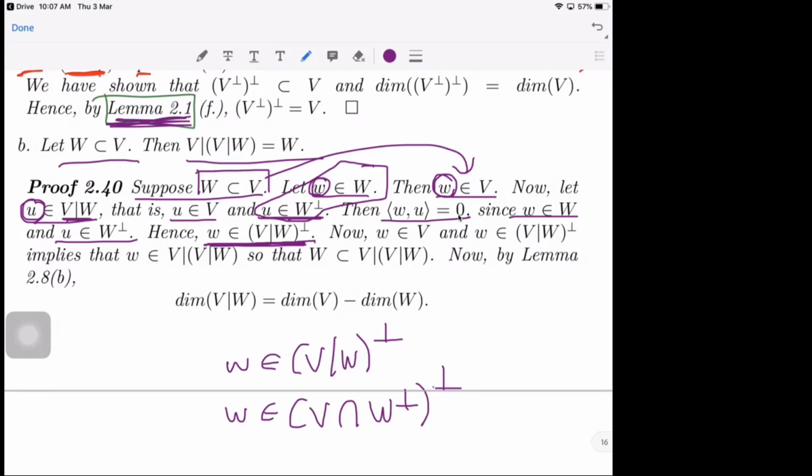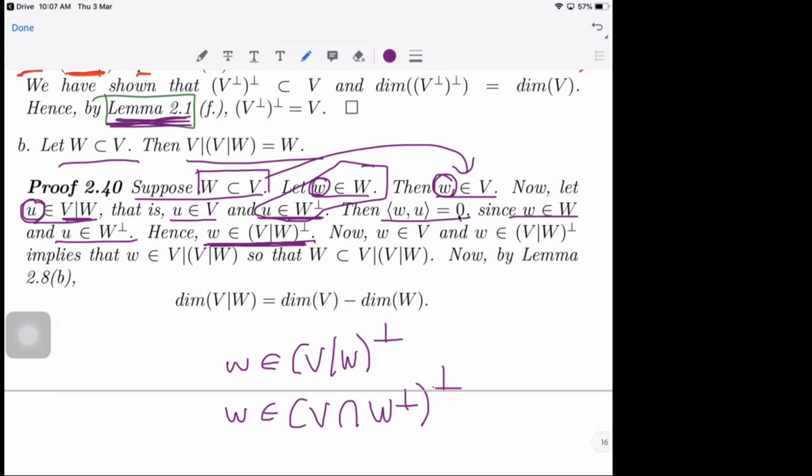Questions? So we applied in these two results lemma 2.1f. Actually, in showing equality of subspaces, this theorem is very helpful instead of showing subset.